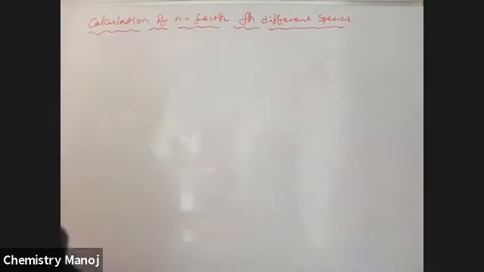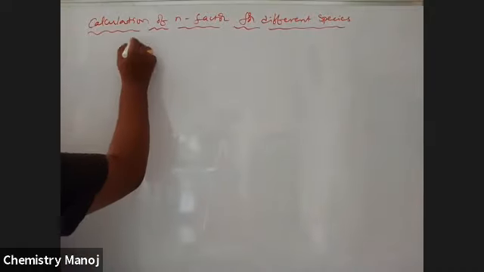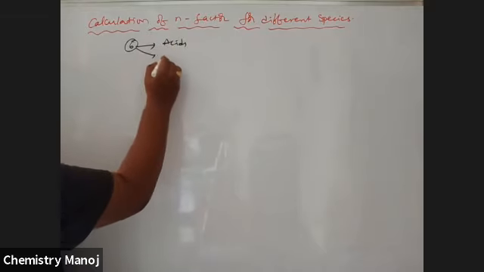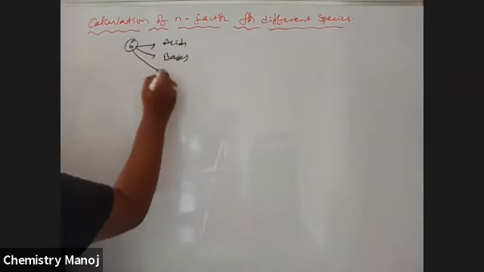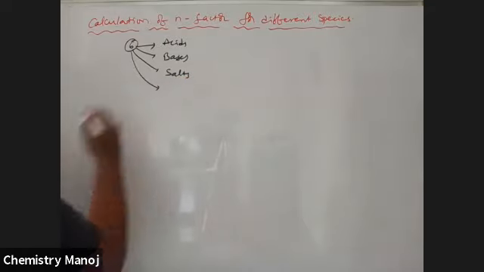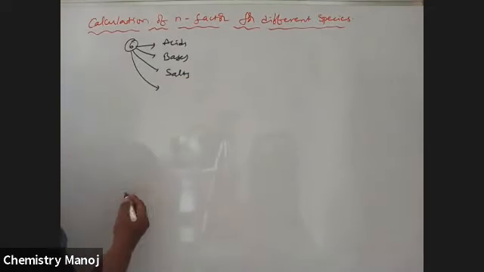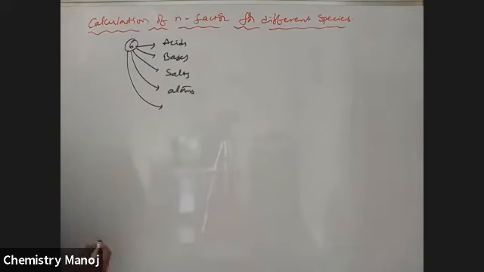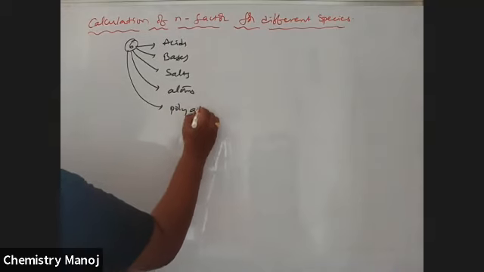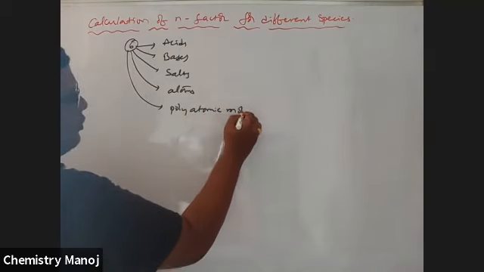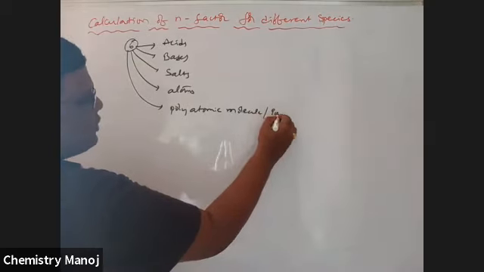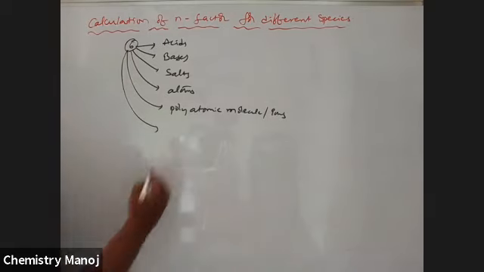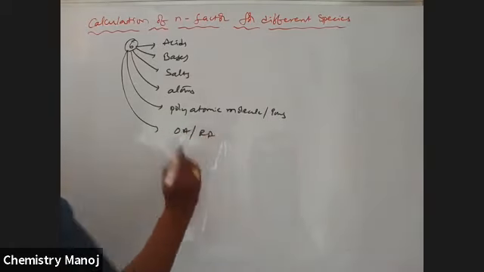Here the species may be divided into 6 cases: 1, acids; 2, bases; 3, salts; 4, atoms; 5, polyatomic molecules or ions; and 6, oxidizing agent or reducing agent.